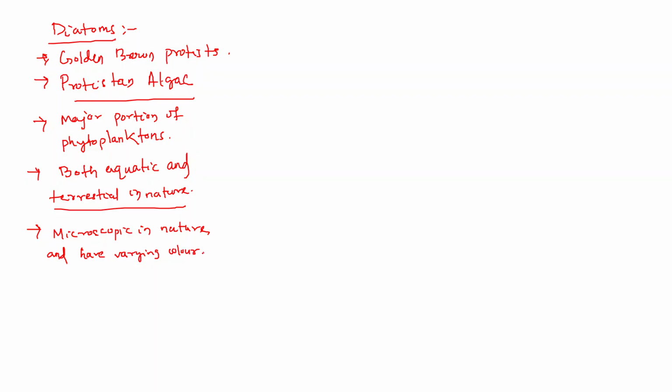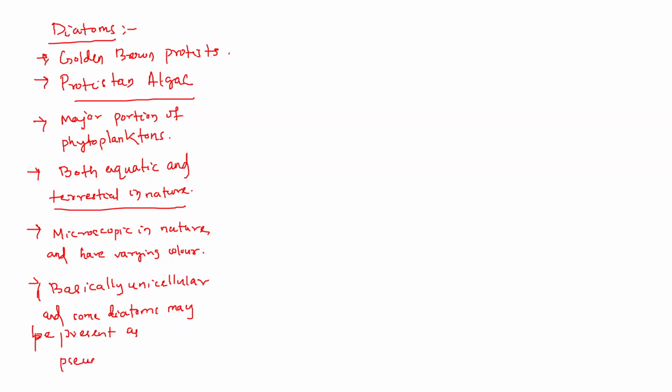Diatoms are basically unicellular, and some diatoms may be present as pseudofilaments or colonies. These are some basic characteristics of diatoms.